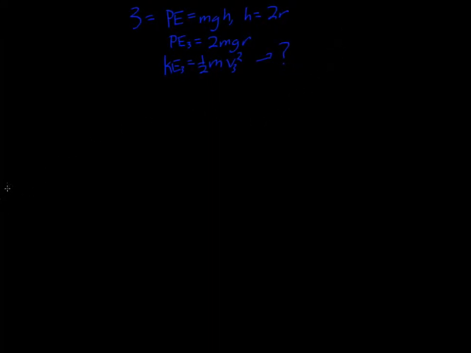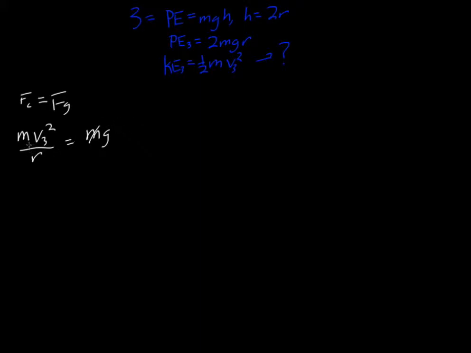Okay, so we know that our centripetal force is equal to our gravitational force, which means that our mass times our velocity at point 3 squared over the radius is equal to our mass times our gravity.